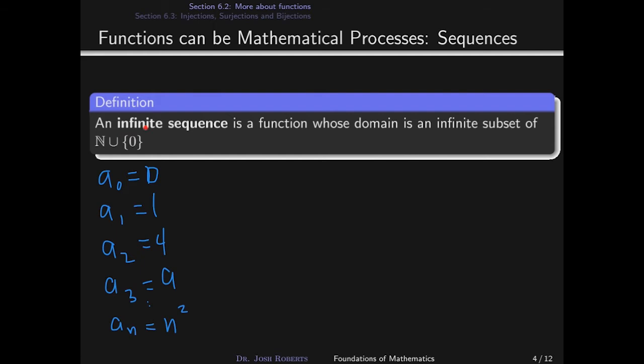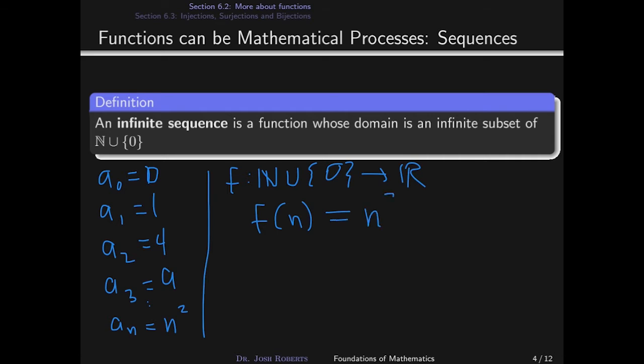For this particular example, I have a function f that goes from the natural numbers union 0 to the real numbers. The way this function works is f of n, anything in the domain, is just equal to n squared. So I can regard that sequence as a function.